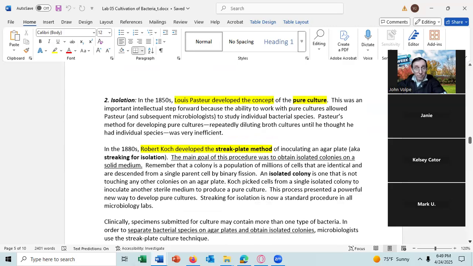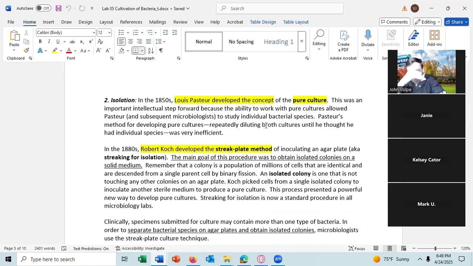Louis Pasteur developed the concept of growing a pure culture, that is a culture containing one and only one species. And he had a step for isolating a pure culture. It's a very difficult step where he grew his cultures in liquid culture and he made different serial dilutions of the culture.